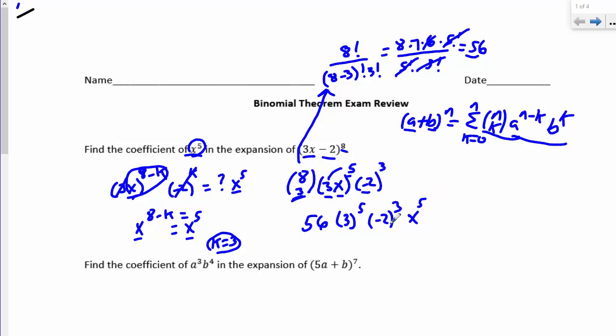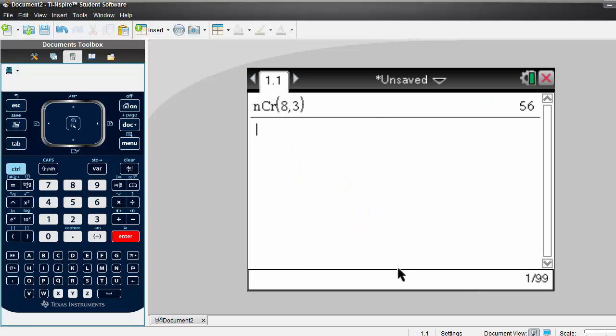What I'm really just trying to figure out is what all this is. This is going to give me the number, which is the coefficient. So again, I'm going to consult the calculator. I have 56 times 3 to the power of 5, and then times my negative 8, which is negative 2 to the power of 3.